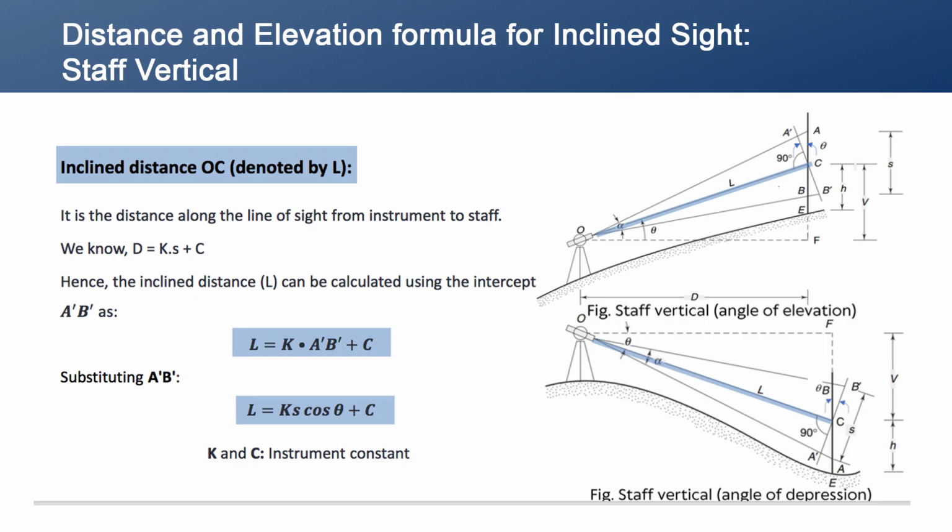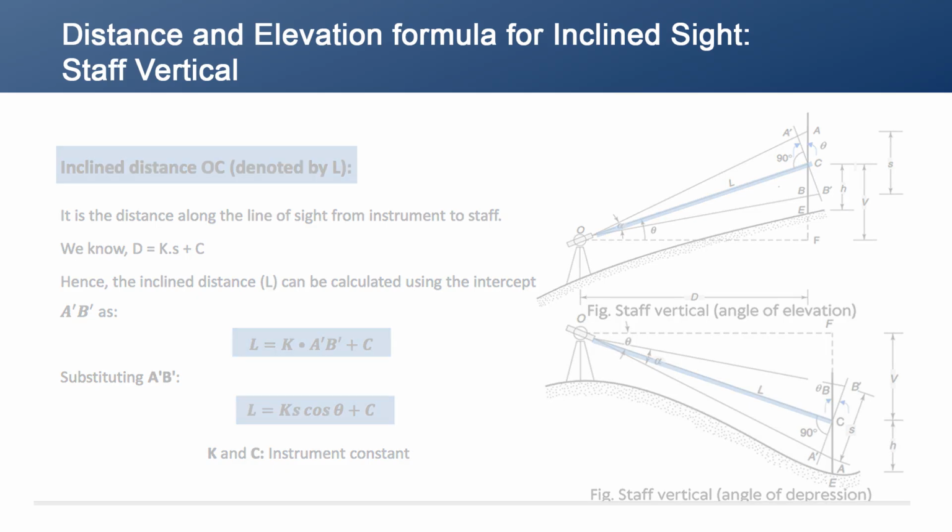Now, substituting the value of A'B' into this formula, we get L = K S cos theta plus C. I hope it is easy for you to understand.